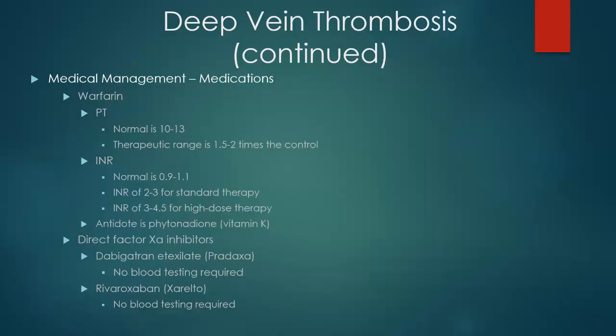So for warfarin, we're going to be checking a PT, and normal is 10 to 13, but therapeutic range for people who are on it is 1.5 to 2 times the normal. We can also check an INR, and its normal is 0.9 to 1.1. An INR of 2 to 3 is standard for therapy for people who are currently taking this. And then 3 to 4.5 is what we want to see for the high dose therapy.